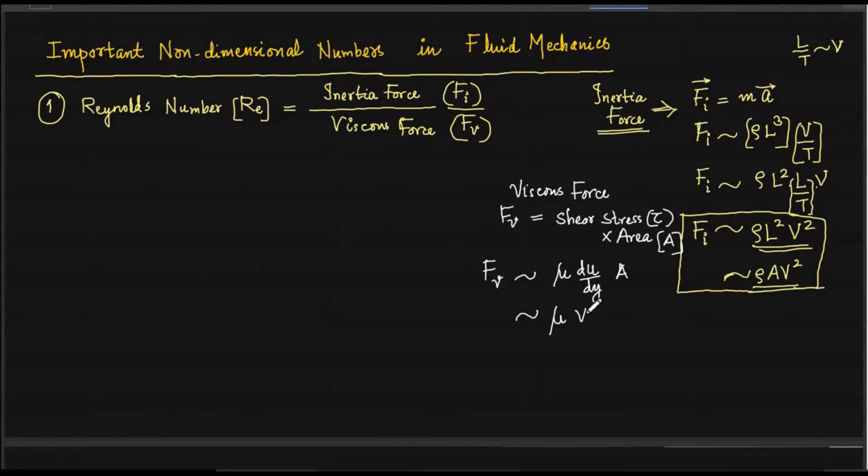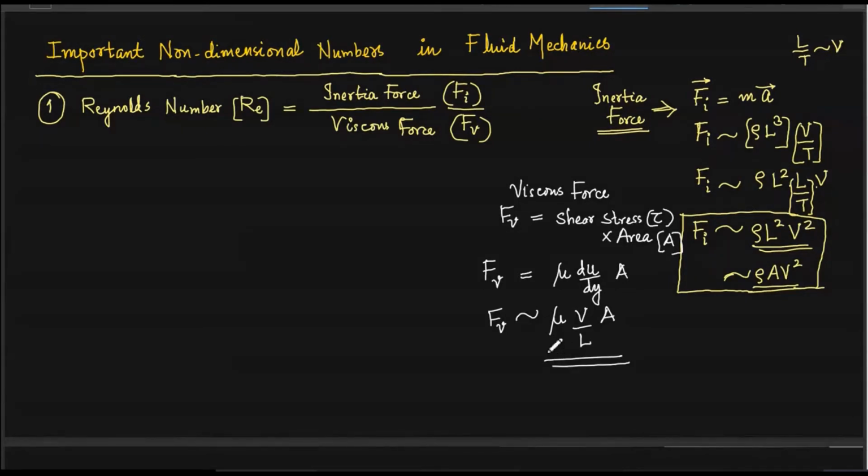Let us mark velocity by V, because in inertia force we have represented velocity by V. So now it is mu into V by L. The force Fv is of the order of mu into V by L into area. Either you can write area or L square. So this will be mu V A by L.